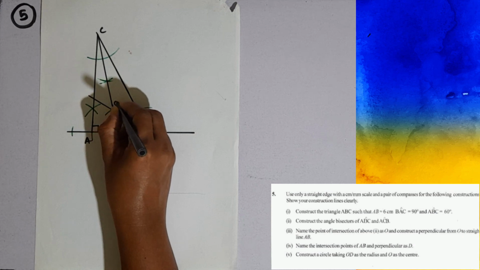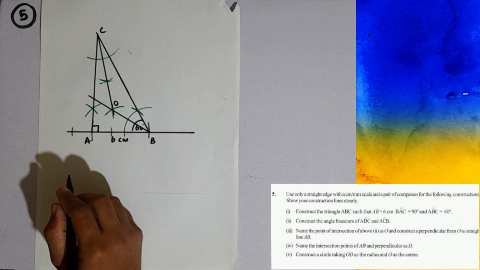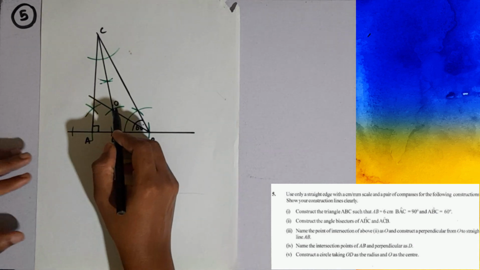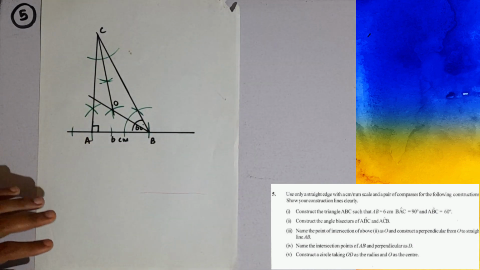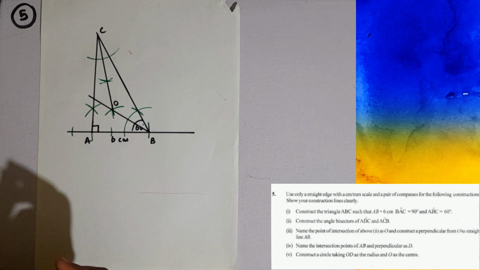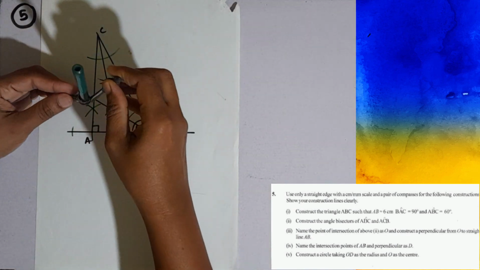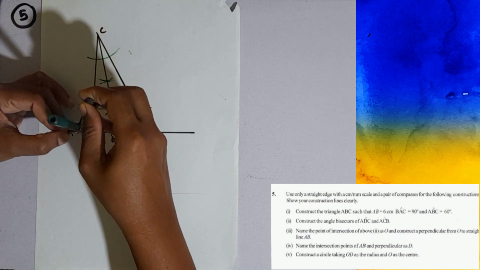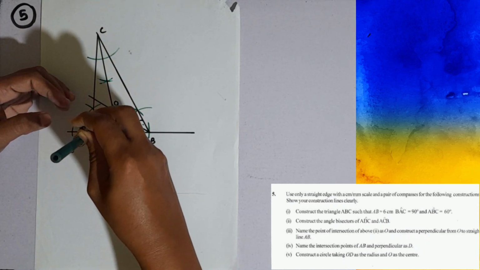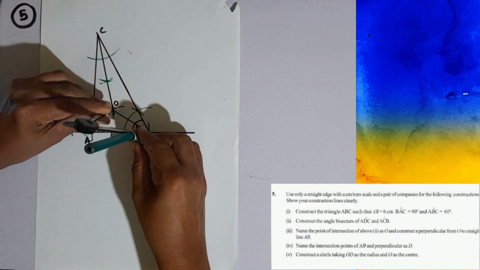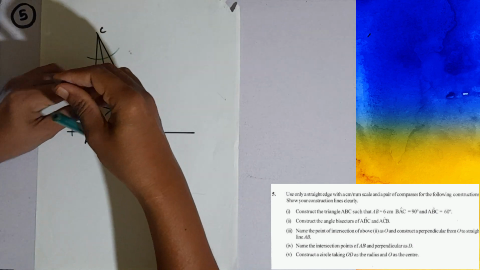So this is O. And construct a perpendicular from O to straight line AB. So how to construct that? You have to place the point of compass here. Then draw an arc like this. Draw another arc like this.